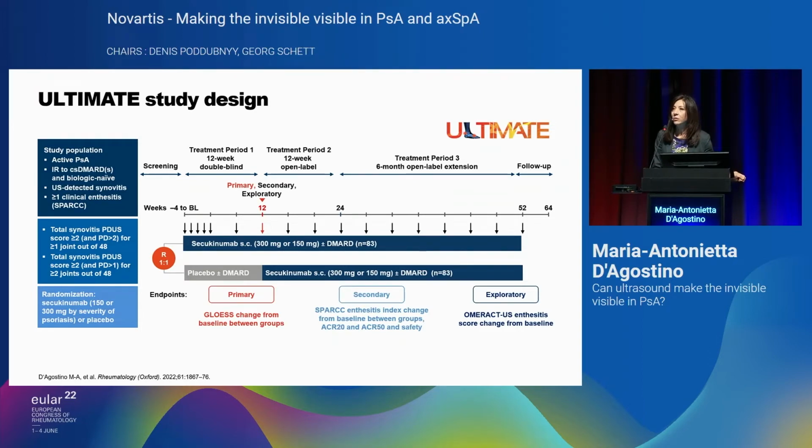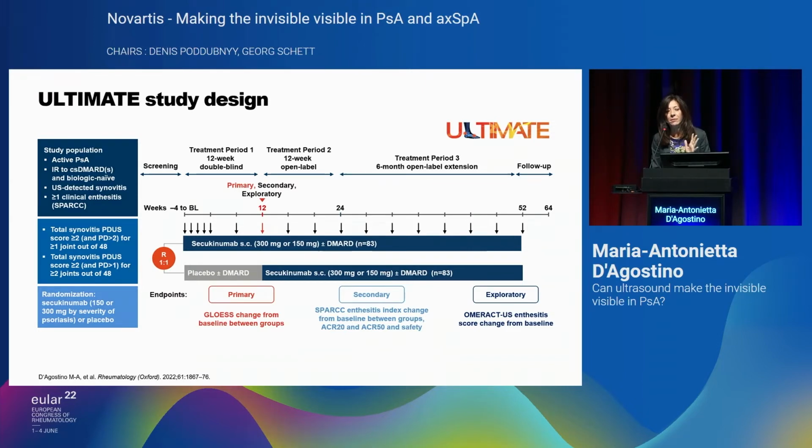For this reason, we performed a worldwide randomized, placebo-controlled trial. We used secukinumab, 150 or 300 milligrams according to the skin extent of psoriasis, in patients that were not complete responders but had active psoriatic arthritis based on swollen joints and no response to conventional DMARDs or NSAIDs, and with at least one clinical enthesitis.